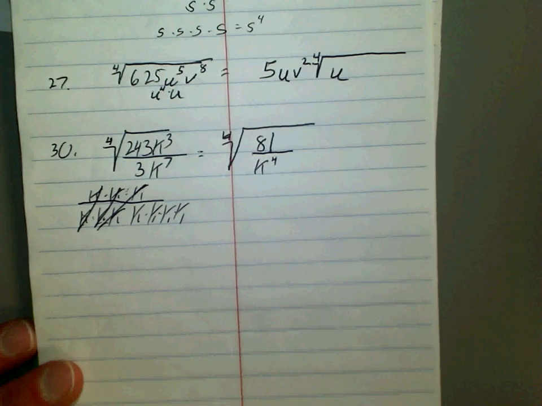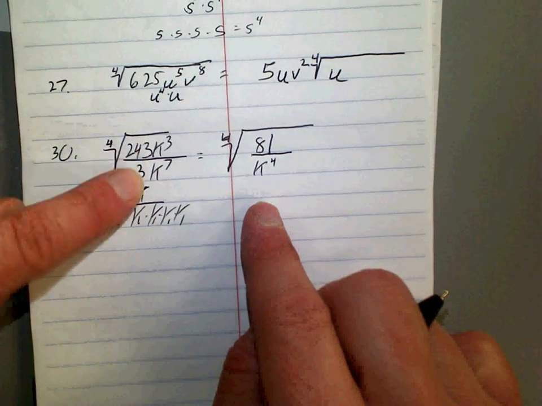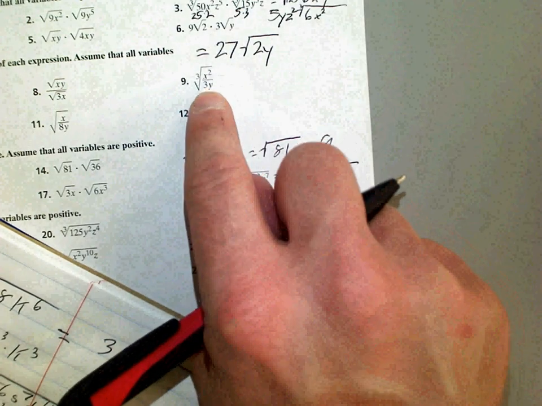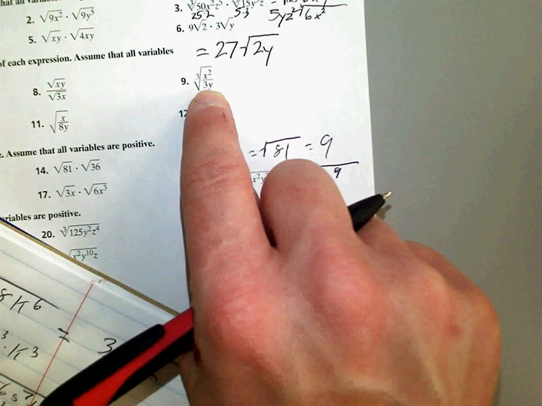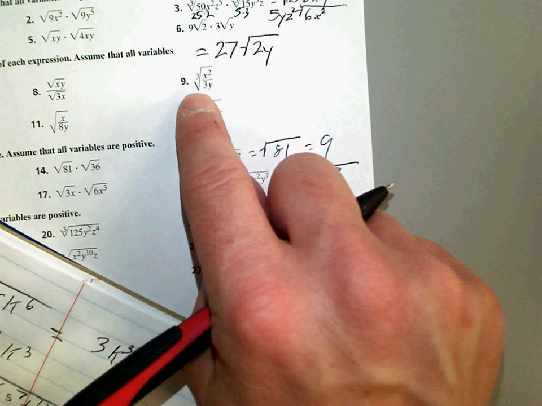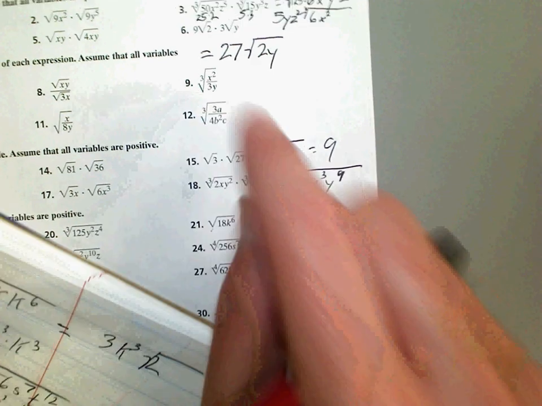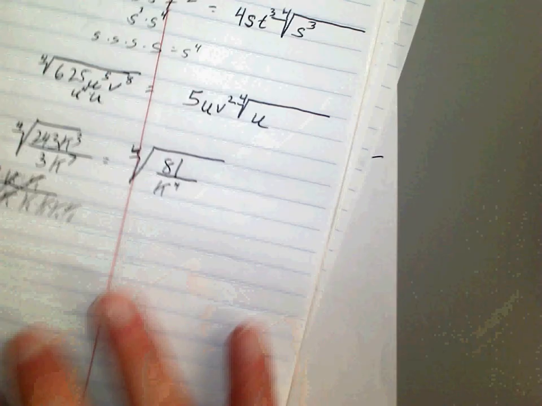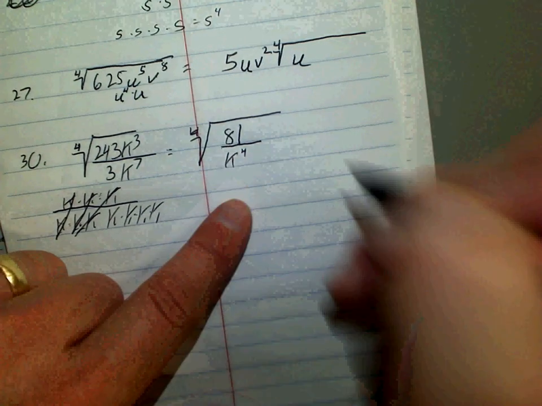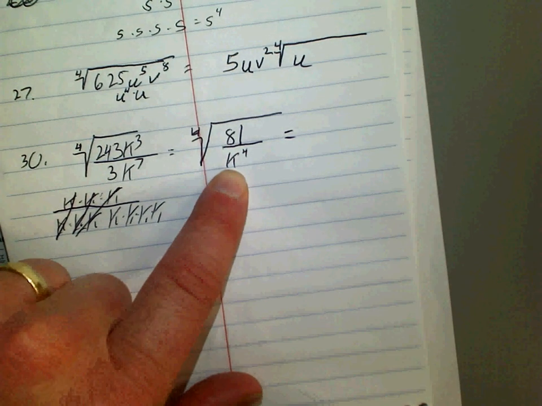So dividing was possible. Earlier in this worksheet, we talked about this yesterday. Right here, we couldn't divide to start, so we just rationalized our denominator. Remember that yesterday? So when dividing wasn't possible. This one, dividing helped me a little bit. Now I ask myself, does k to the fourth have a fourth root?